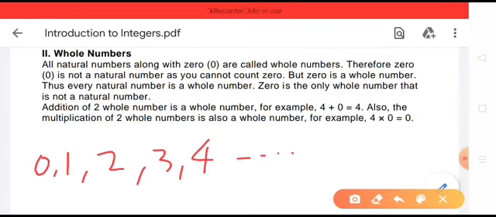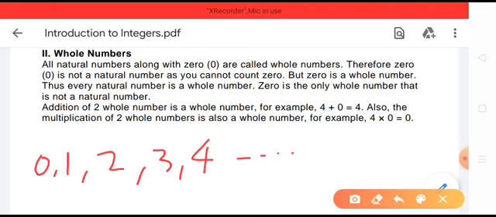Therefore 0 is not a natural number, as you cannot count 0, but 0 is a whole number. Thus every natural number is a whole number, and 0 is the only whole number that is not a natural number.